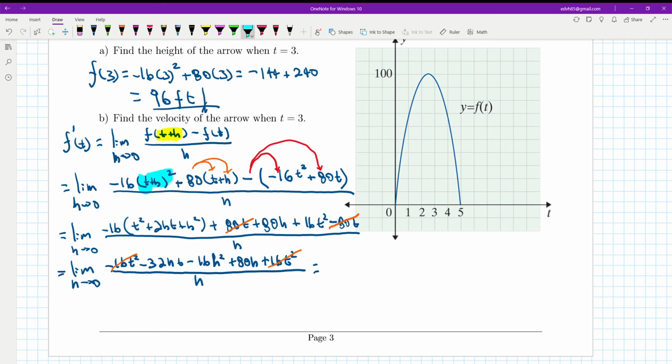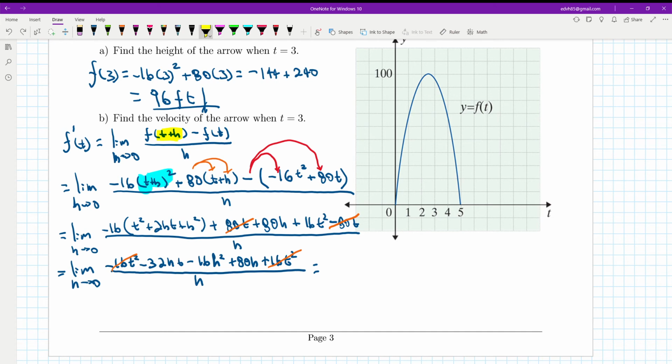if we attempt to compute the limit, I mean, we could have done it from the very beginning, but the problem is this h approaching 0, this 0 in the denominator, that's going to cause a lot of trouble. So our goal is to get rid of that factor of h in the denominator that turns it into 0, and we will.